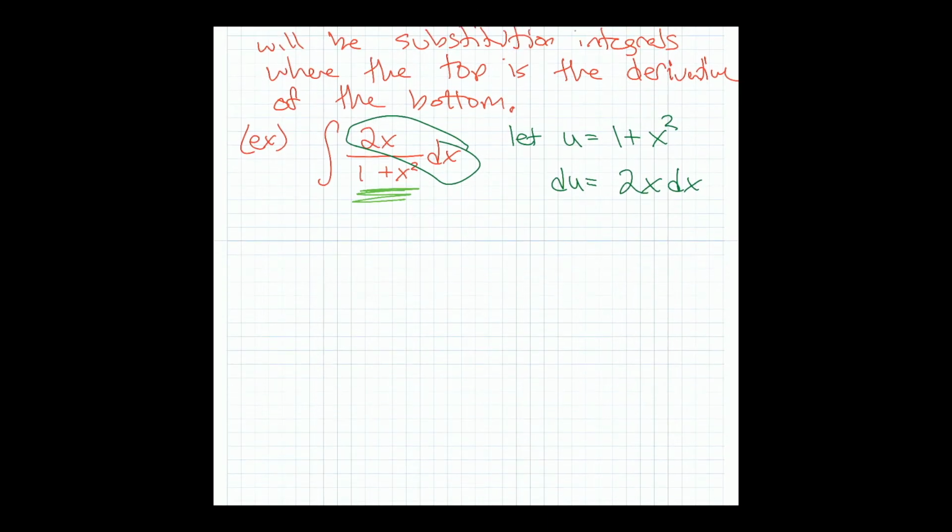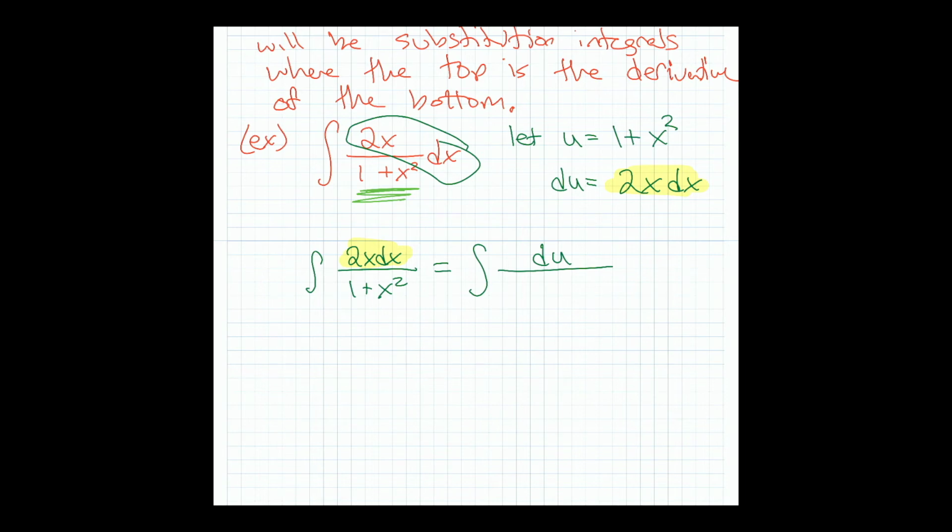That means that you can rewrite this integral as, well, I'm going to take 2 steps just to make it really obvious here. You have the integral of 2x dx over 1 plus x squared. The 2x dx is just simply du.